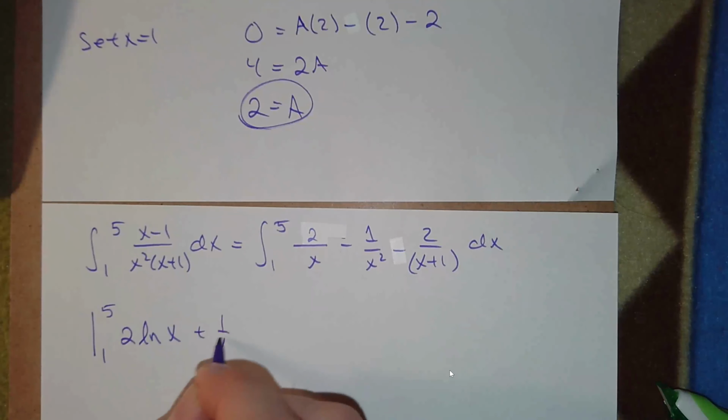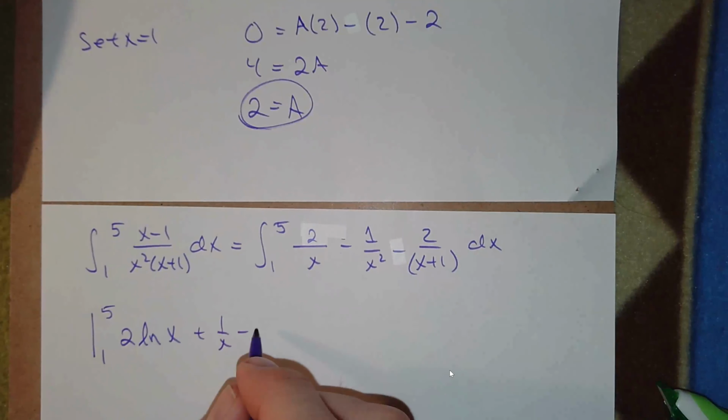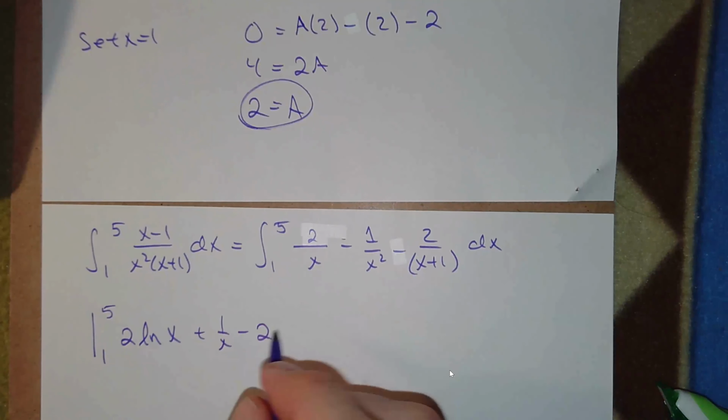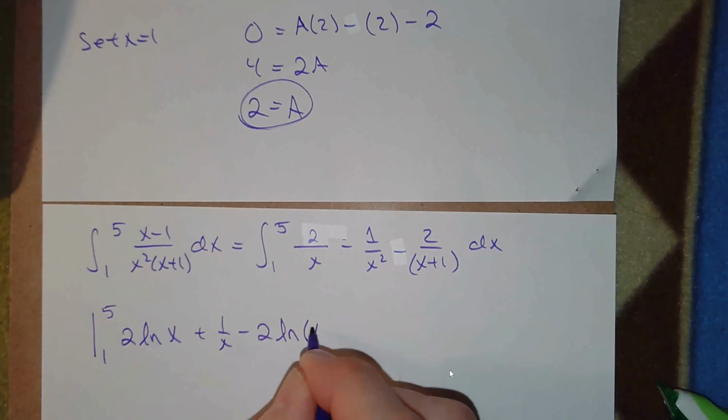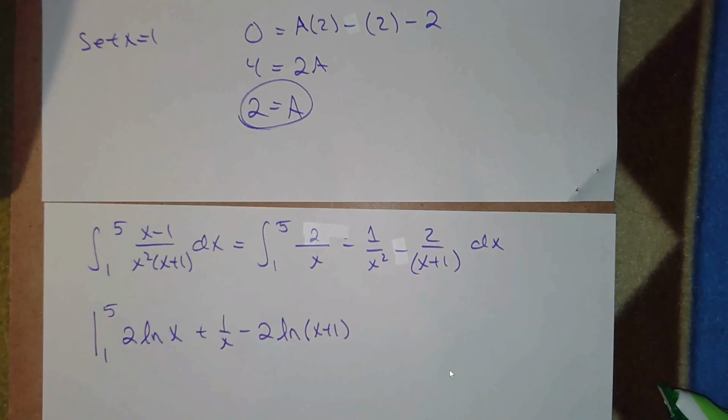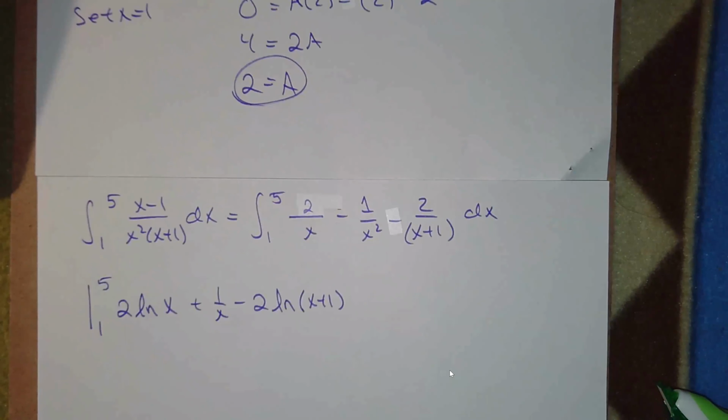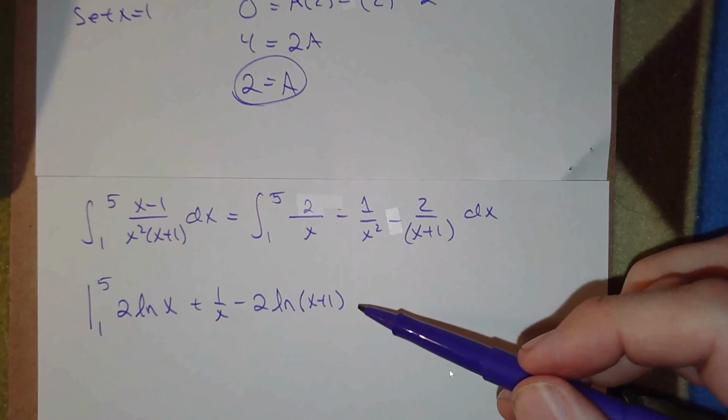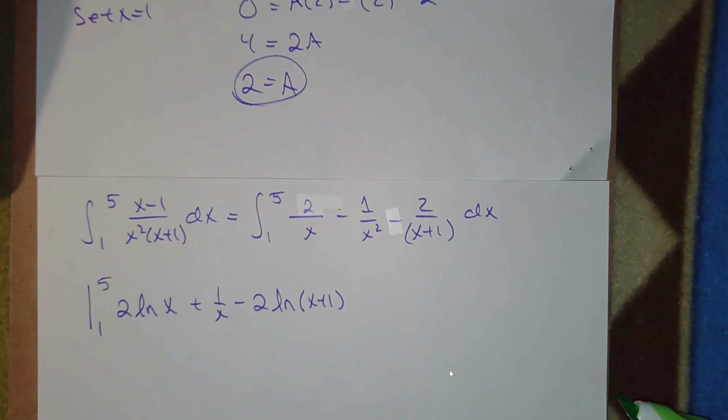Plus 1 over x minus 2 times ln of x plus 1. Again, I don't really need the absolute value. Can anyone tell me why I don't need a constant here? I don't need a constant because it's a definite integral. So I wouldn't have to fuss with it.